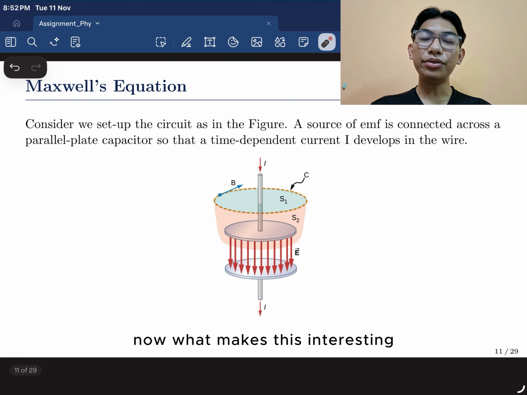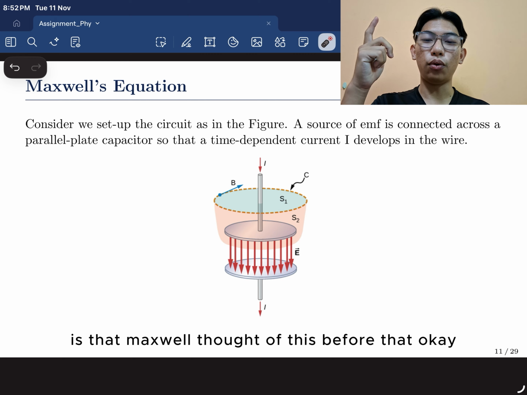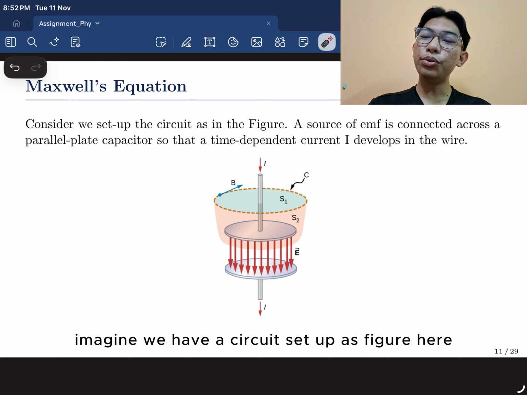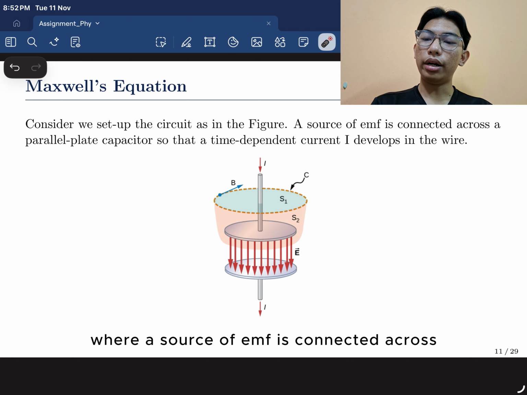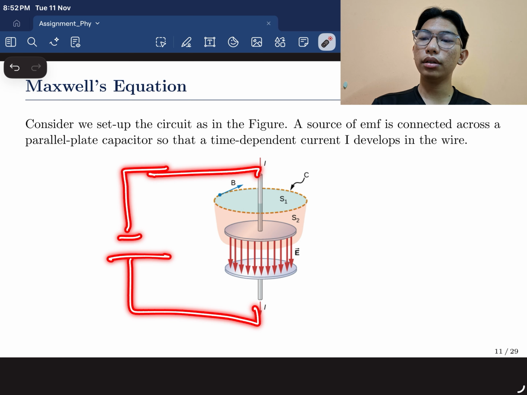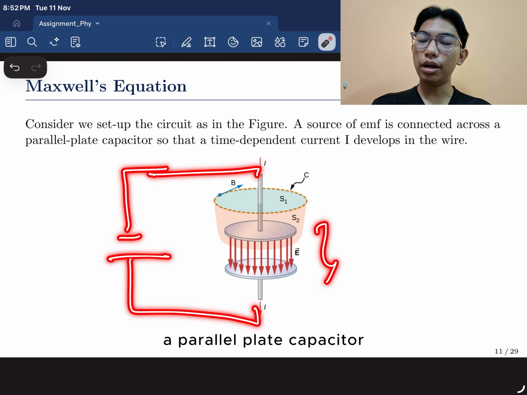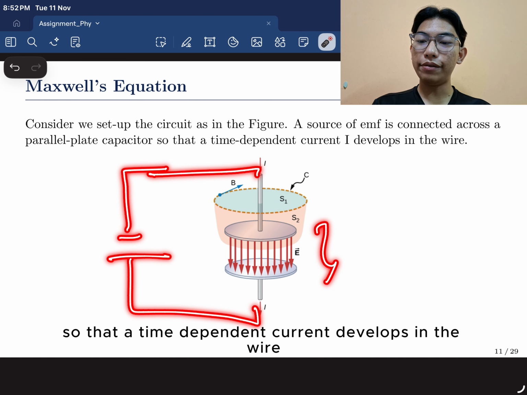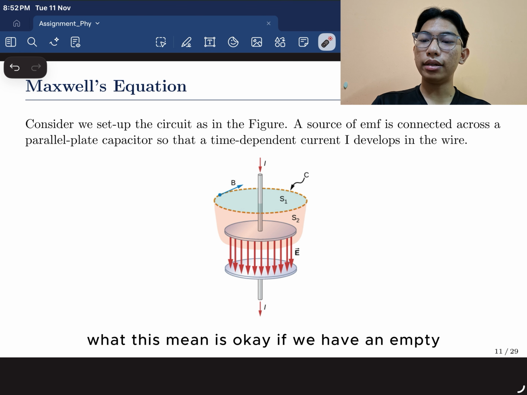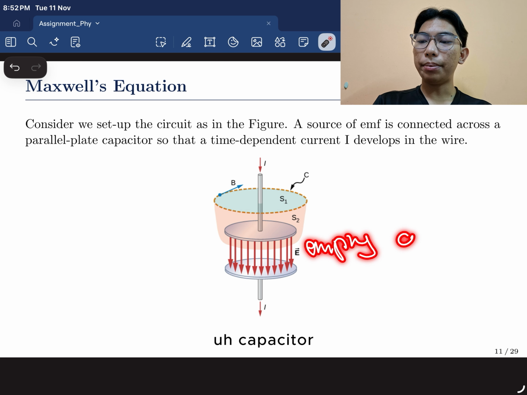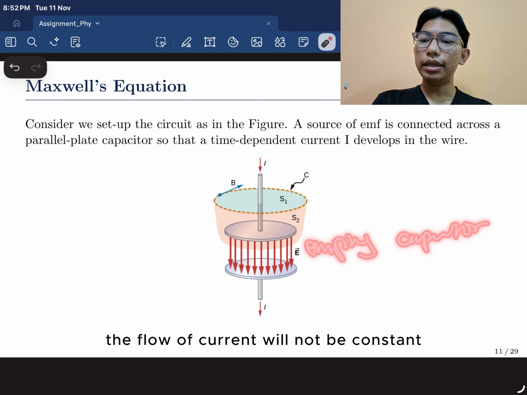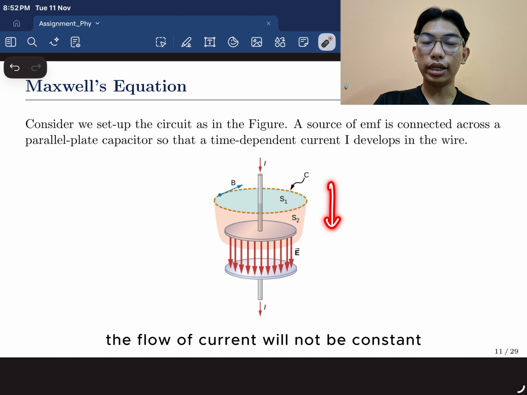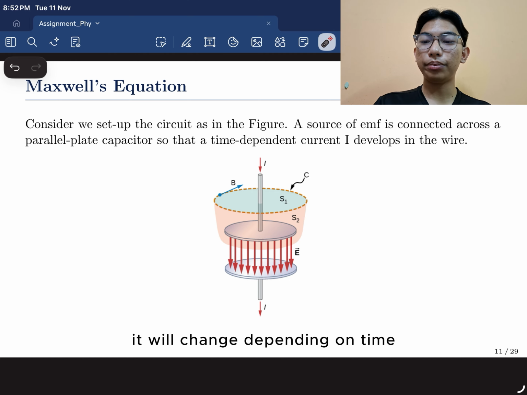Now what makes this interesting is that Maxwell thought of this before. Imagine we have a circuit set up as in the figure here, where a source of EMF is connected across a parallel plate capacitor, so that a time-dependent current develops in the wire. What this means is, if we have an empty capacitor, the flow of current will not be constant, it will change depending on time.